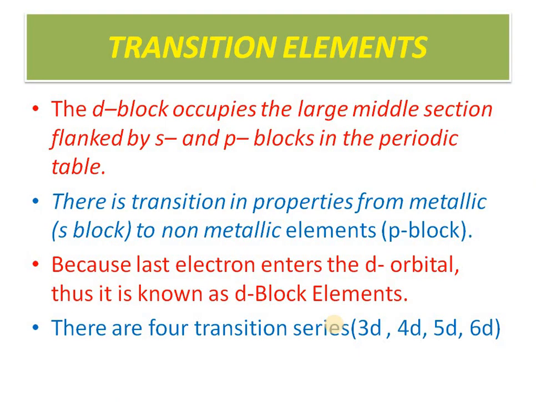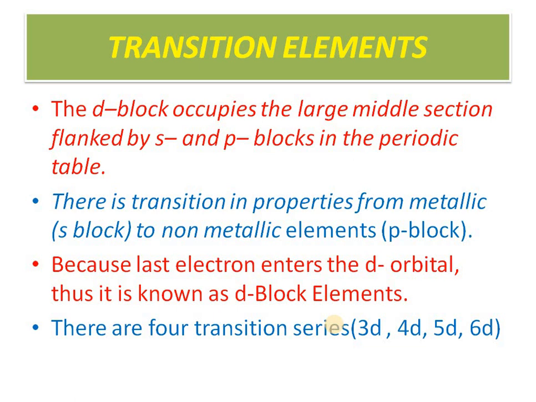Now let us come to the basic definition of transition elements. What are transition elements? First, they constitute the D block, which is in between S and P. Second, there is a transition in properties from S to P, from most metallic to least metallic, or most metallic to non-metallic.